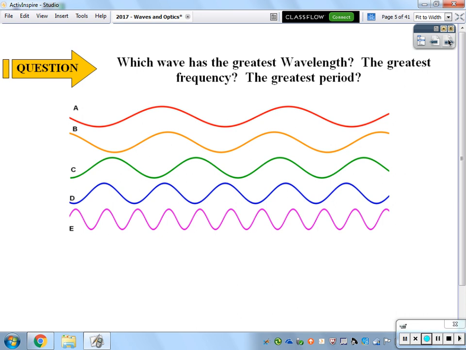Which one has the greatest period? What is period? It would be the amount of time to go through one complete cycle. So what's going to take the greatest amount of time to go through one complete cycle? A. Absolutely.